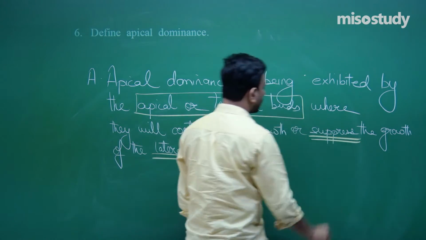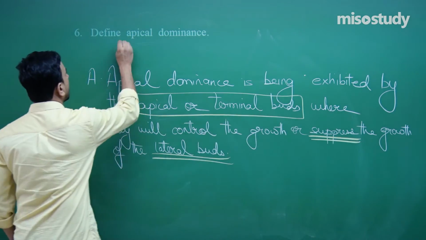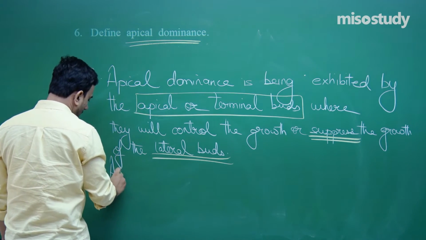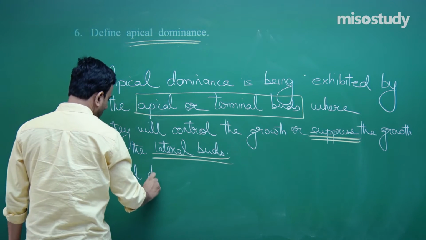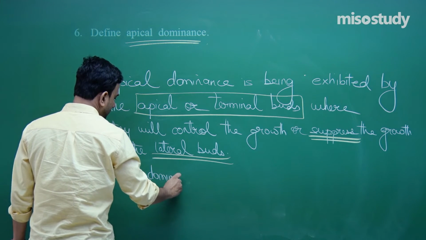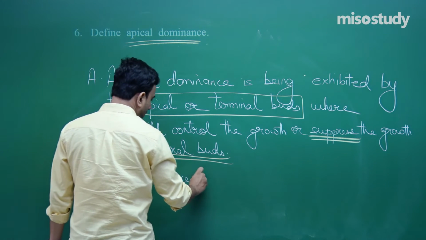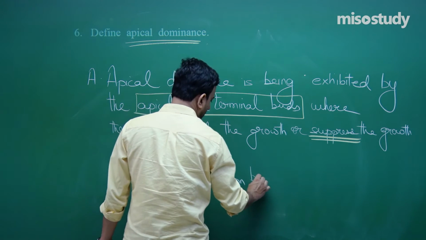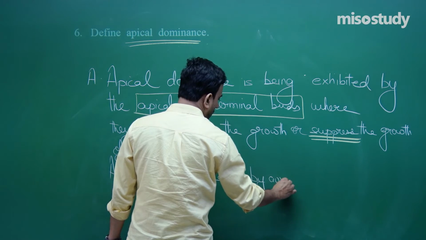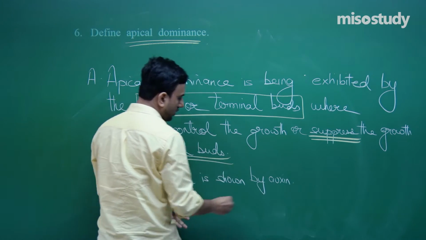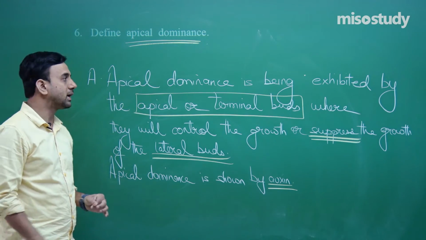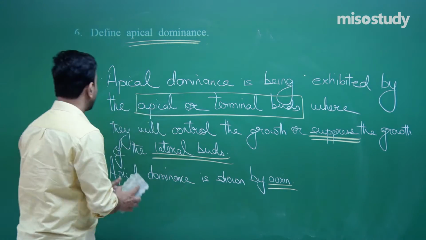And the apical dominance is shown by Auxin. Okay, this is the phytohormone which is showing the apical dominance, right.